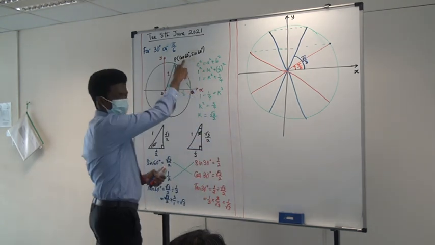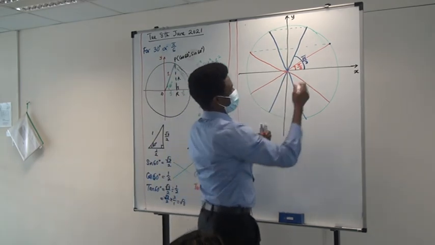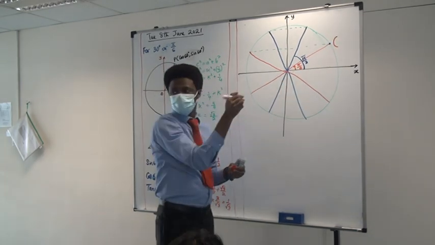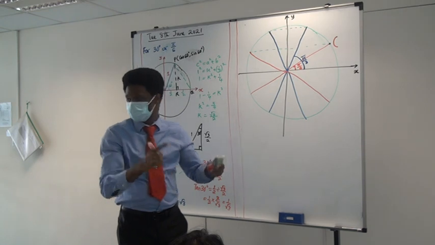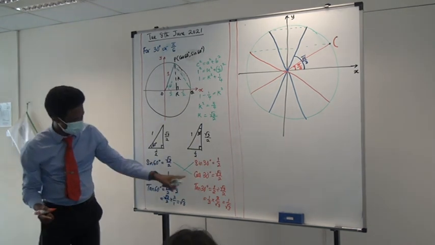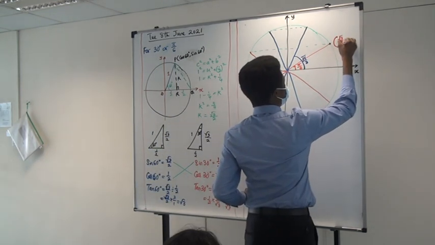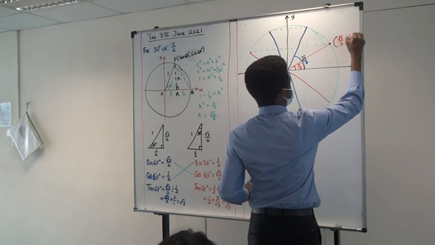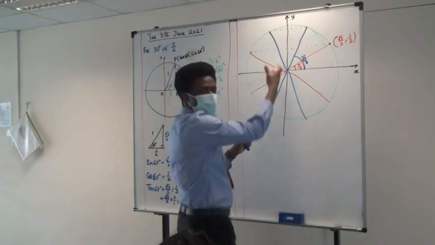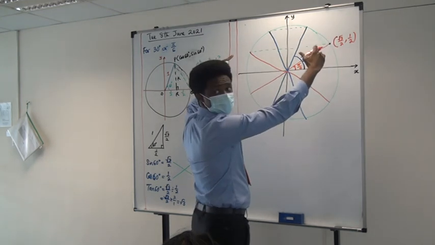Every coordinate begins with cosine. So this red one should have been cos 30 and sine 30, right? Cos 30 is root 3 over 2. Sine 30 is 1 over 2. So the reflection in the y-axis means the y value remains the same.